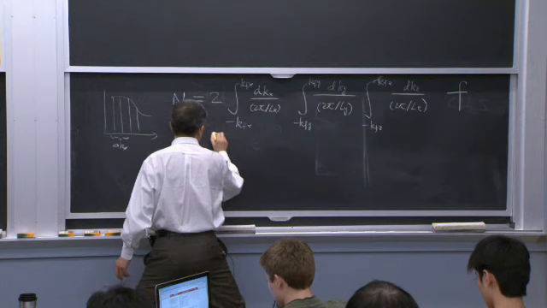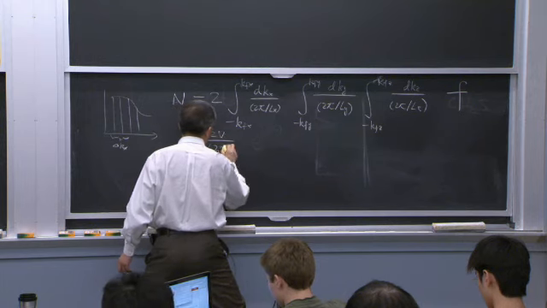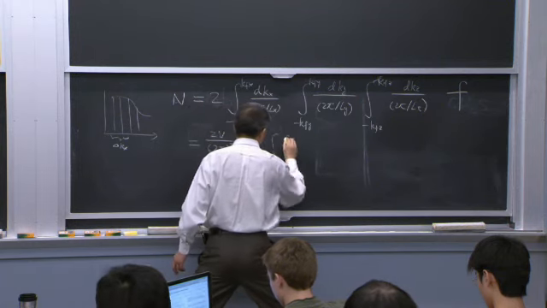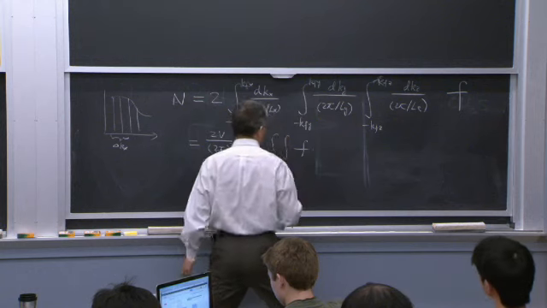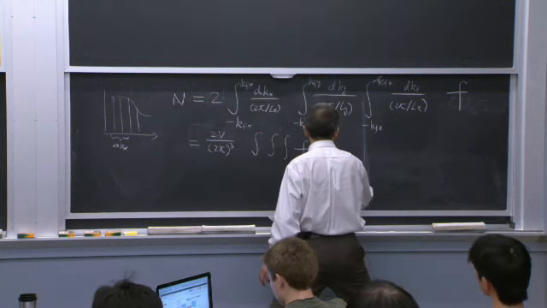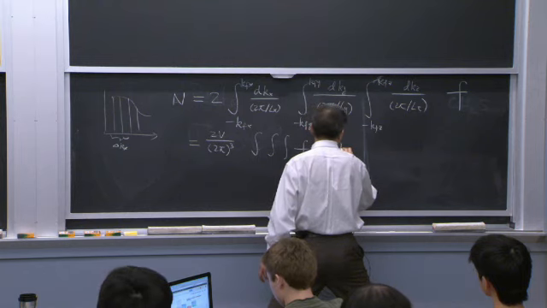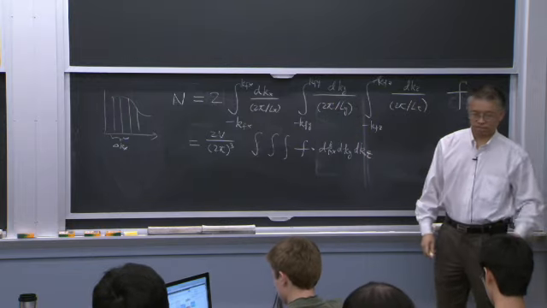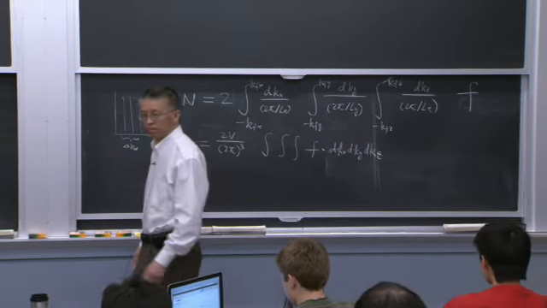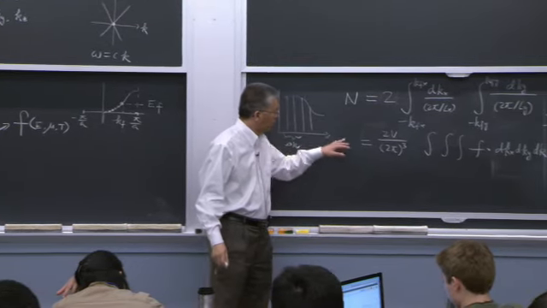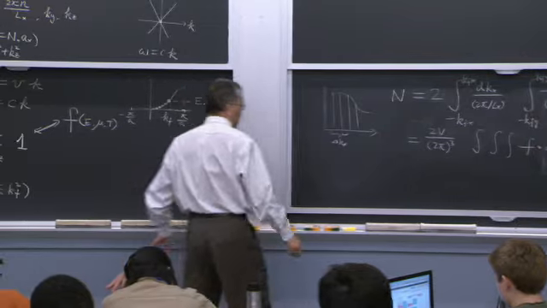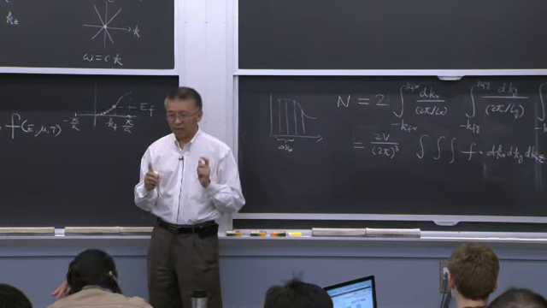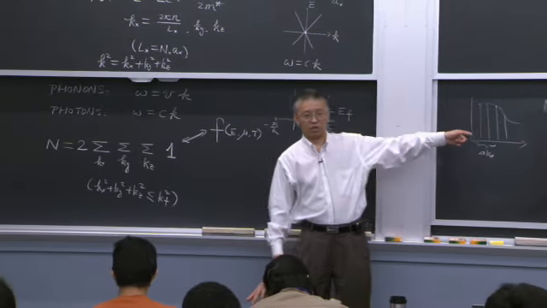So what I have is 2 V over 2 pi cubed, and then, let me skip the integration limit, dKx, dKy, dKz, a triple integral. So by this transformation, assuming this function f does not change very rapidly between adjacent points, I have converted this summation into an integration.